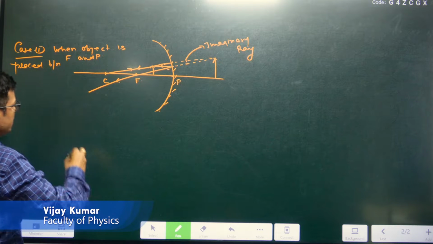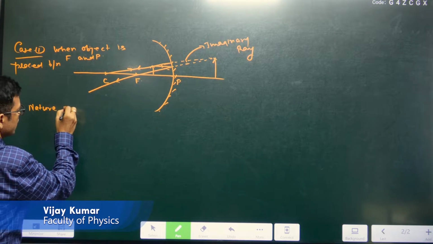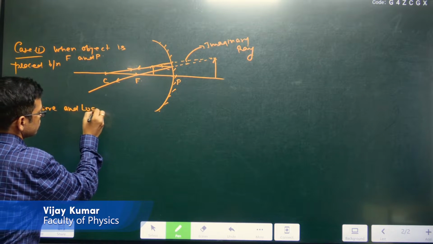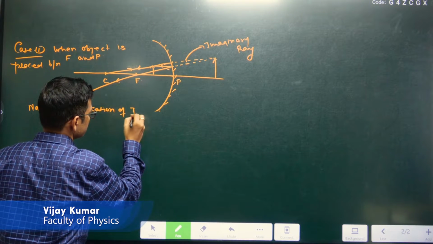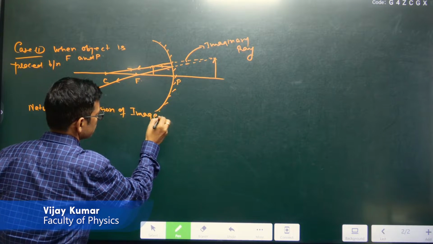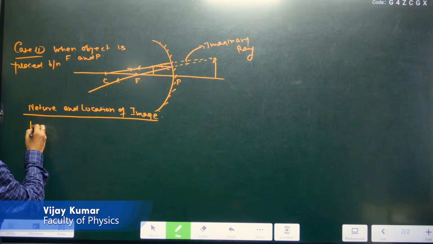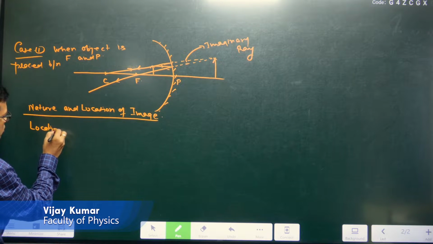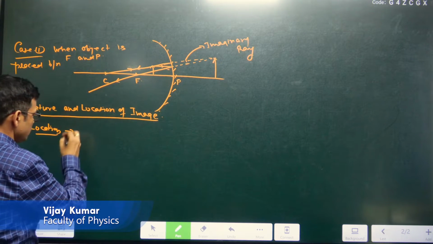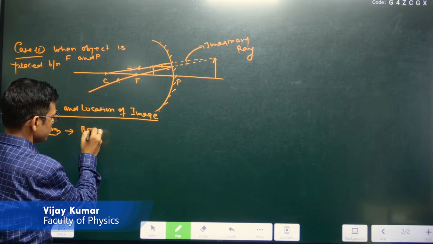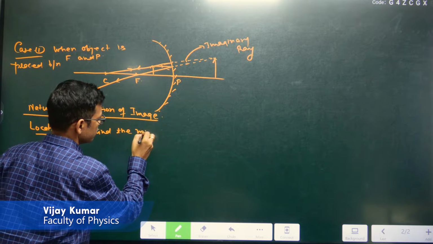Now come to the nature and location of image. So the image forms behind the mirror.